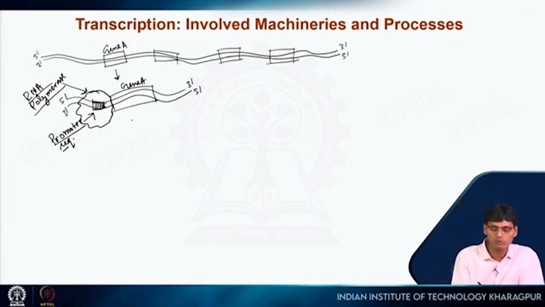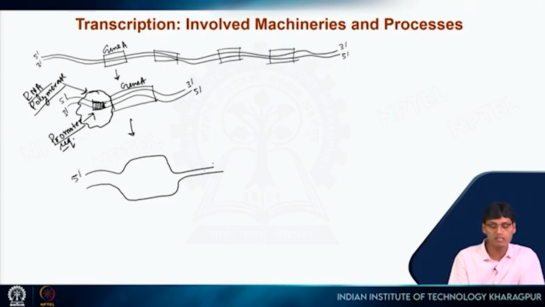If I go to the next step, it looks something like this. This is 5 prime, this is 3 prime, and 3 prime, 5 prime. RNA polymerase is present somewhere here.